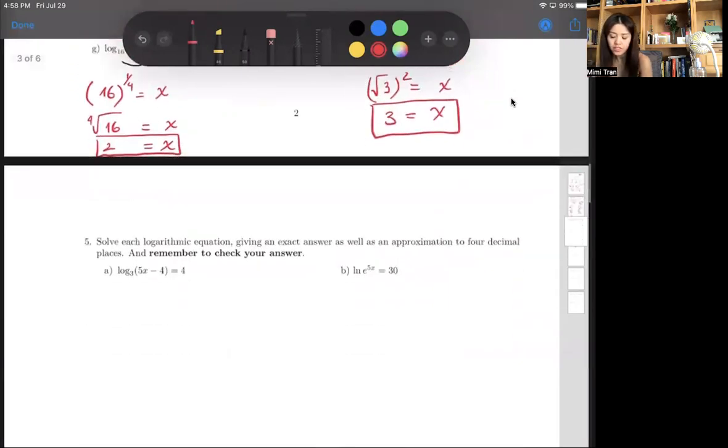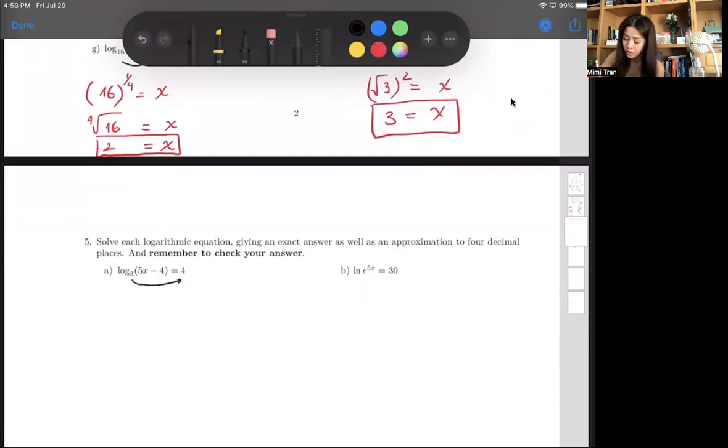Number 5, solve each logarithmic equation, give an exact answer as well as the approximation to 4 decimal places, and remember to check your answers. For logs, you need to check your answer. The first one, I'm going to change into exponential.